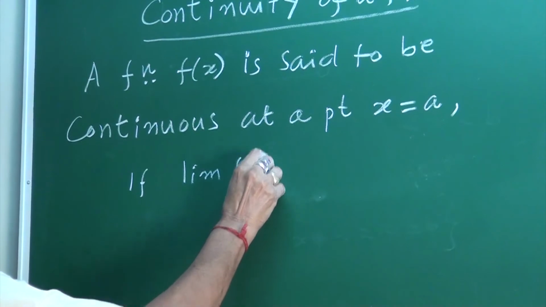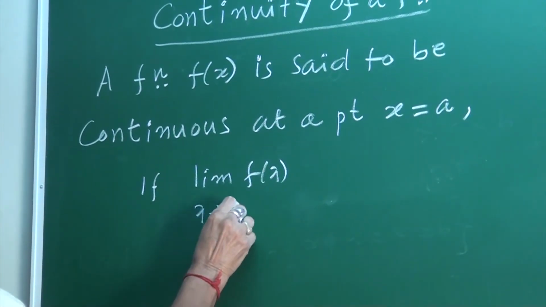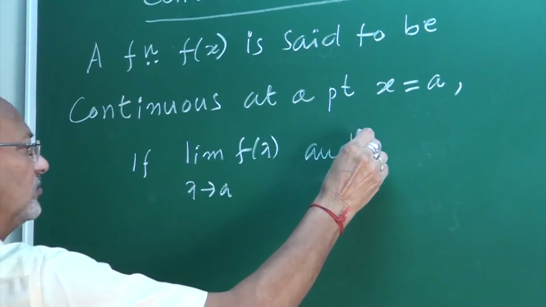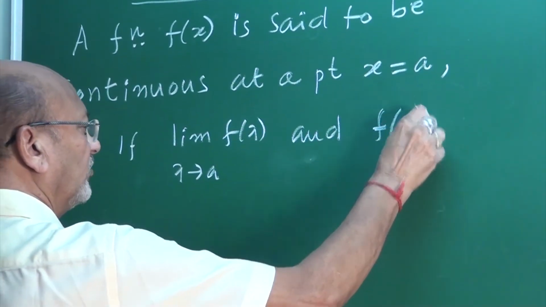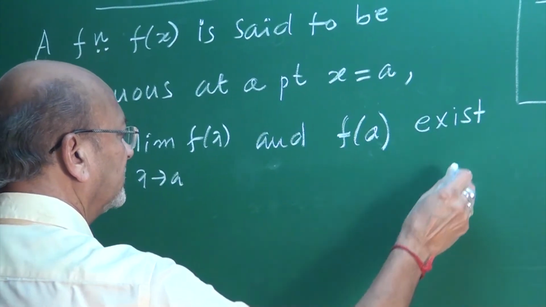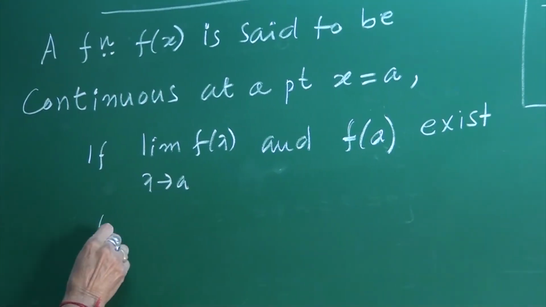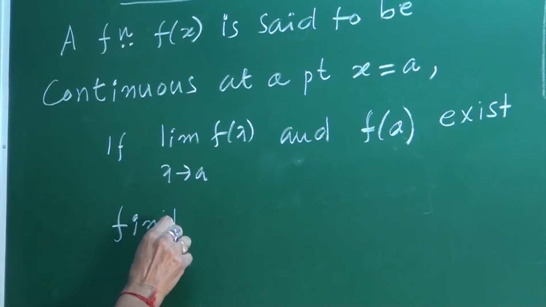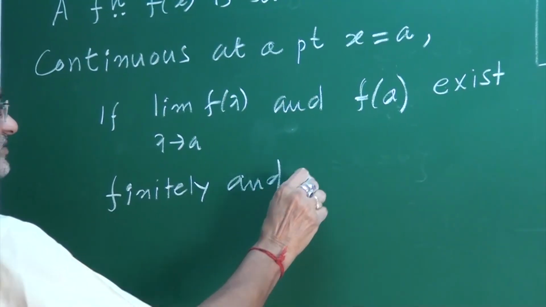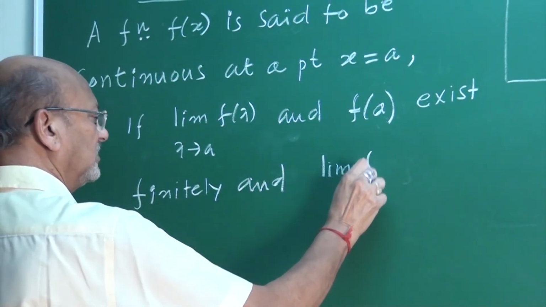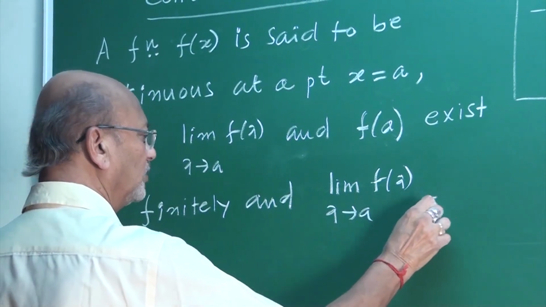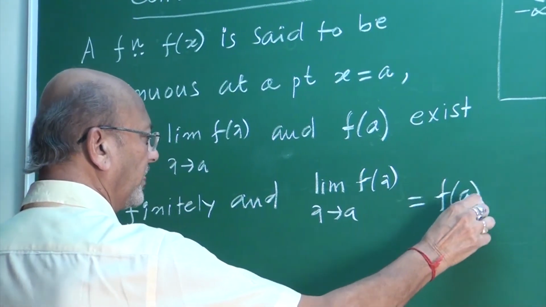the limit of f(x) as x tends to a and the value f of a exist finitely, and the limit of f(x) as x tends to a equals f of a.